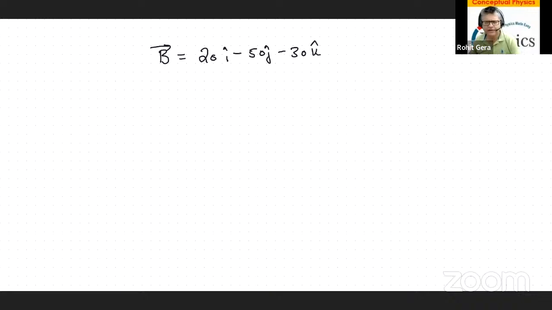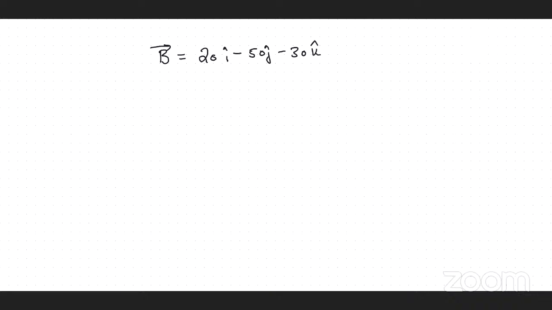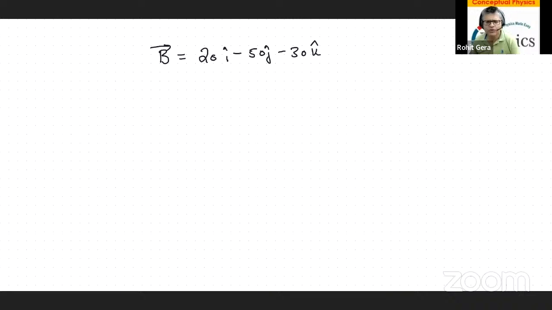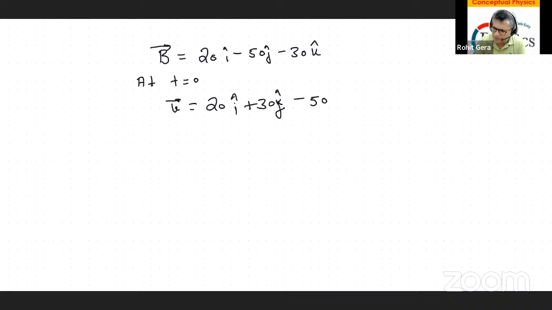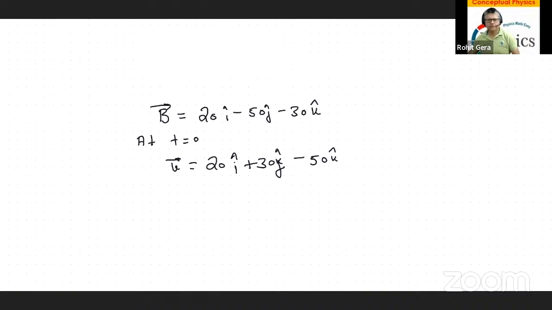Some magnetic field somewhere. And at t equal to 0, the electron enters this magnetic field with a velocity of, I hope I've written it correctly.